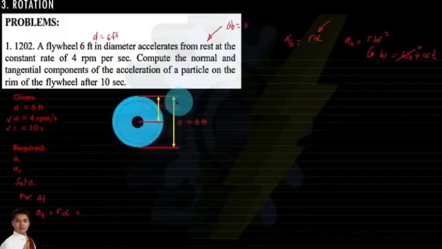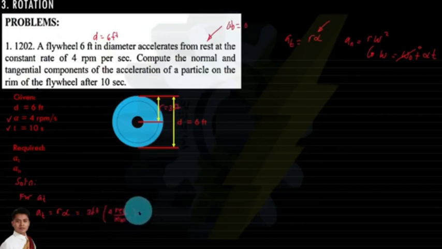Assuming this is our flywheel, r is 3 feet multiplied by our alpha here. Since the given is in revolution per unit time, we need to convert that into radian per second square. So this is for revolution per minute per second.